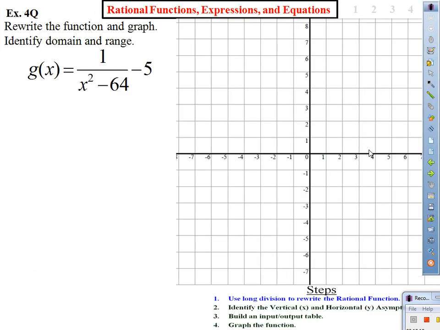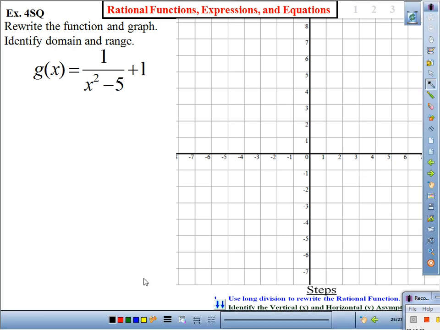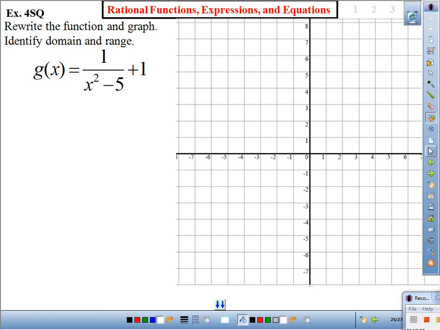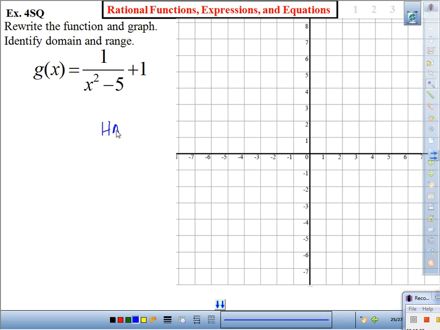Copy this one, example 4 super cube. G of x equals 1 over x squared minus 5, plus 1. We're going to do this one together. Here we go. To get us started, our horizontal asymptote is y equals 1. Okay.